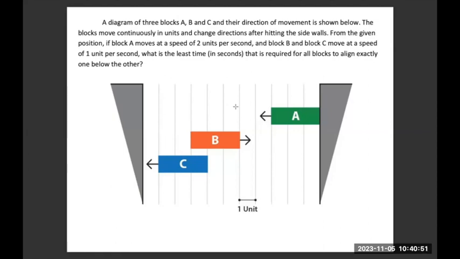Kavya, wrong answer. I don't get the answer that you've written right now, but it's wrong.